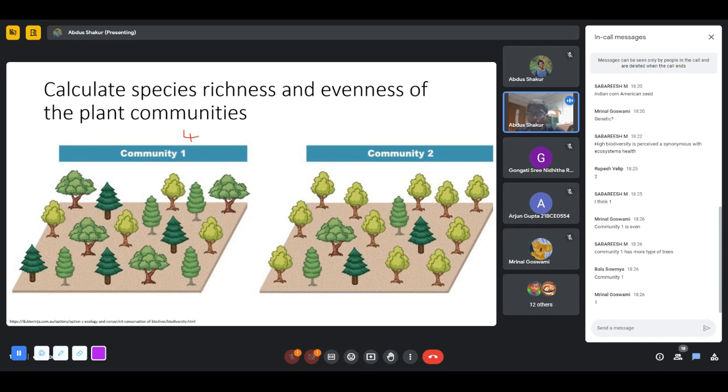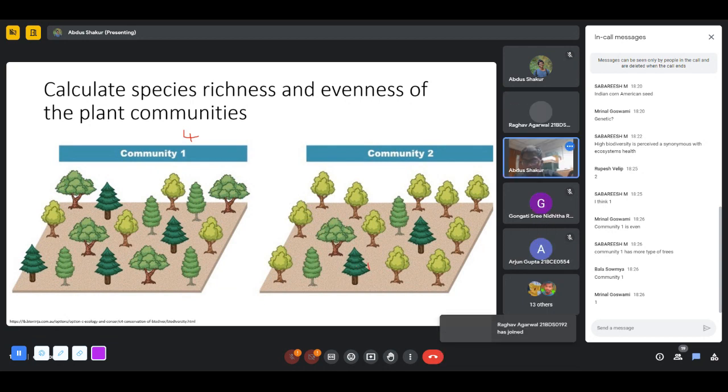But if you come to community two, let's do that again. So we have this one, this is two, this is three, and then this is four. So the total number of species that you can see in this community is also four.